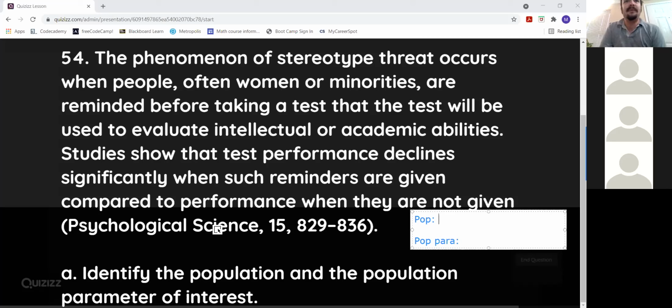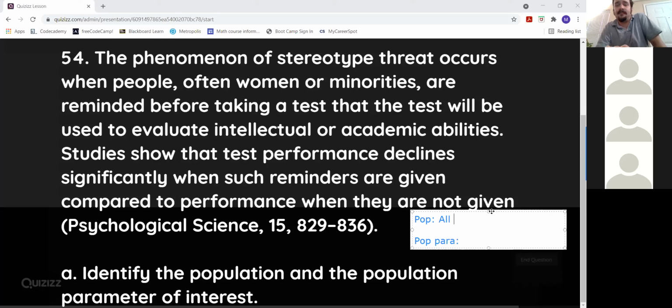We want to identify what the population and population parameter are. So what is my population here? What's the big group that they're talking about here?